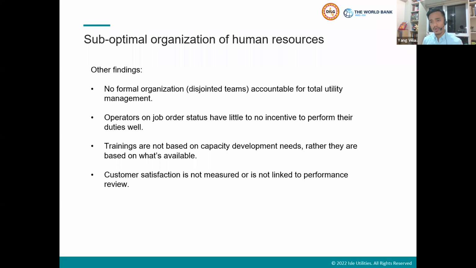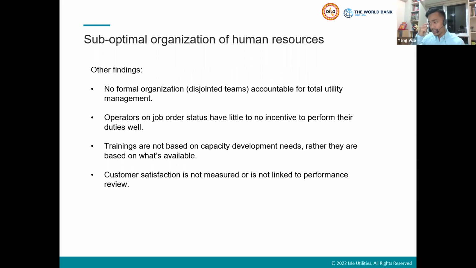And because they're on job order status, there really is no incentive for them to perform their duties well. We've seen that even if you have a strong management and supervisory level for the utility, if you do not have a strong operational pool, then it sacrifices the efficiency of the utility as a whole.